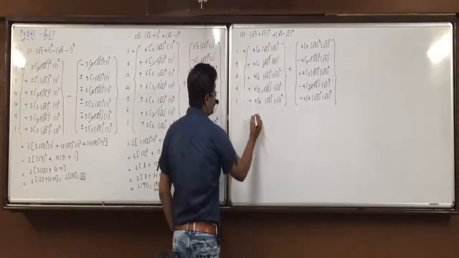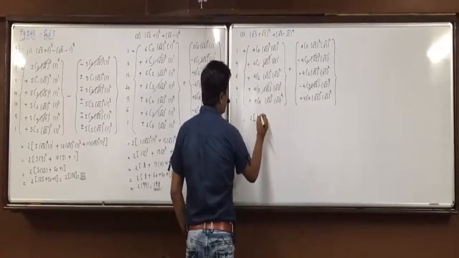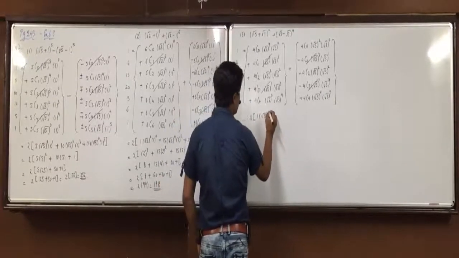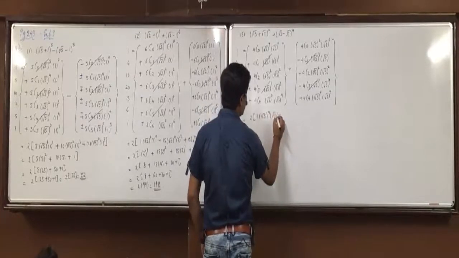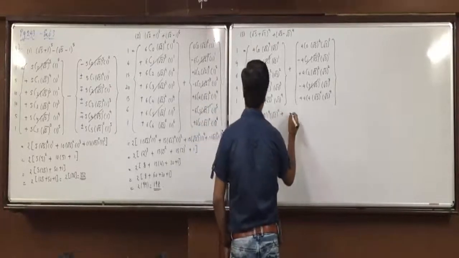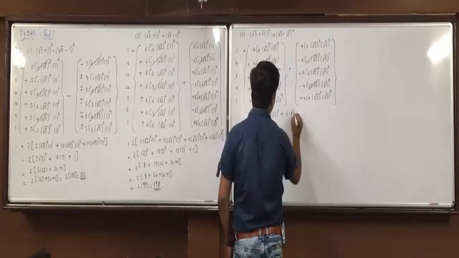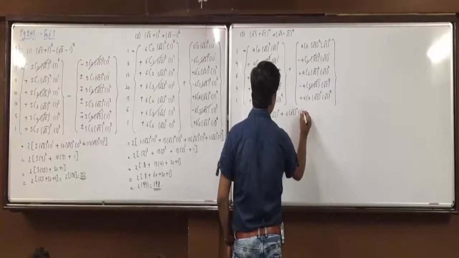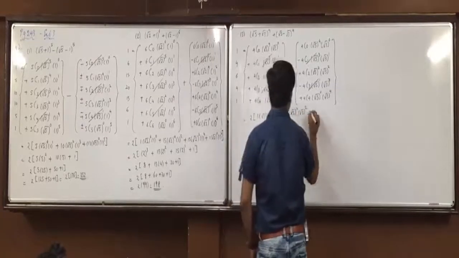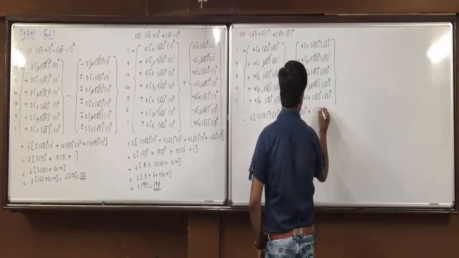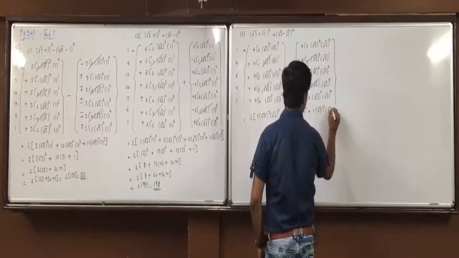Yes. So 2 into 1 into root 5 raised to 4 into root 3 raised to 0, plus 6 into root 5 raised to 2 into root 3 raised to 2, plus 1 into root 5 raised to 0, root 3 raised to 4.